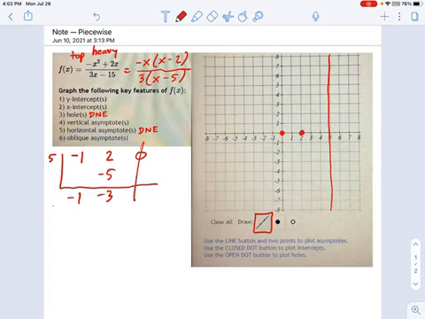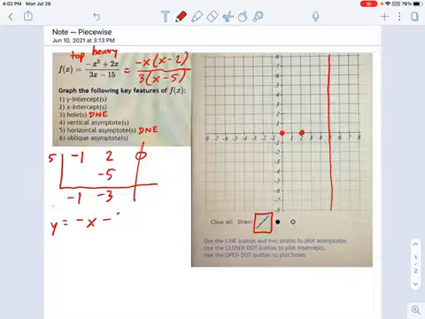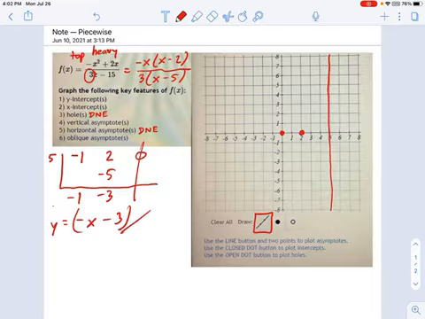So I have negative 1x minus 3. But because you have a factor of 3 as a leading coefficient on the bottom, you have to remember to divide this whole thing by 3. And that's going to give you negative 1/3 x minus 1. That's our actual equation for the oblique asymptote.